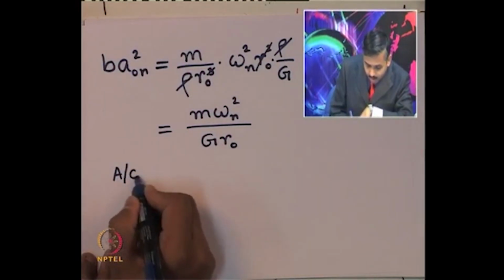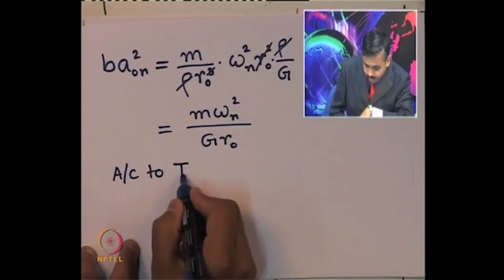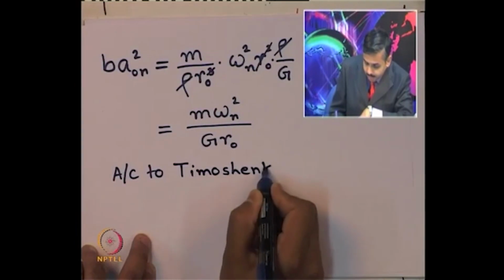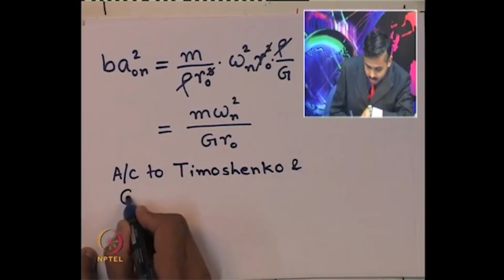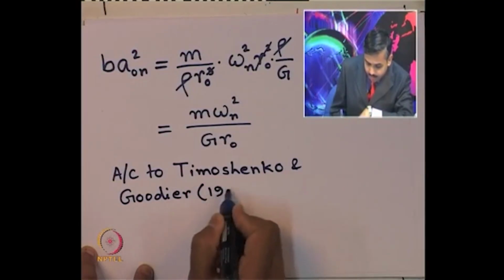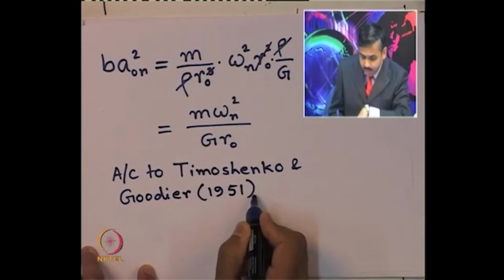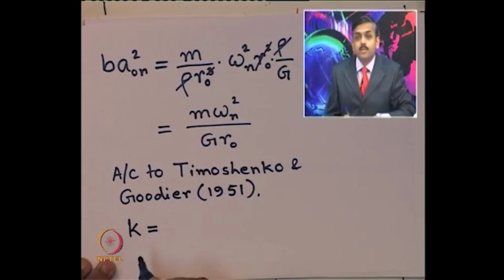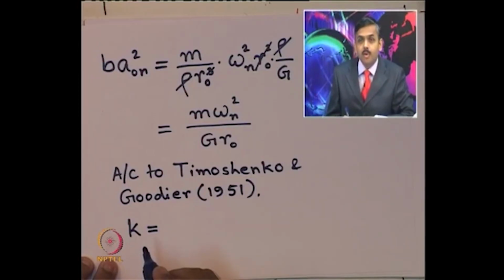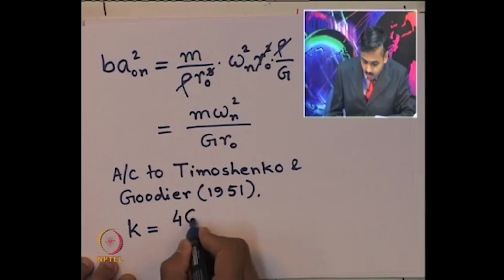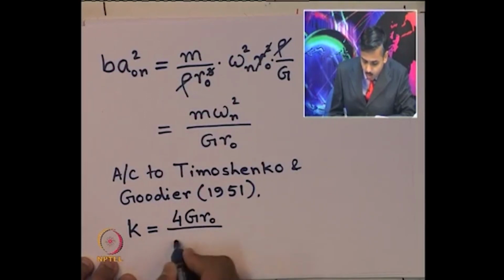So, according to Timoshenko and Goodier 1951, the expression for the stiffness of the system for vertical mode of vibration K can be expressed as 4 G R naught by 1 minus mu.